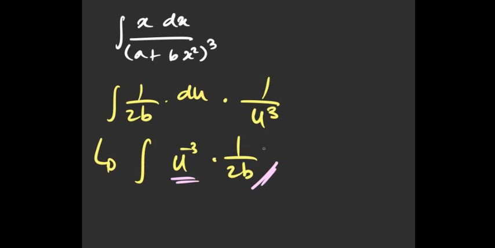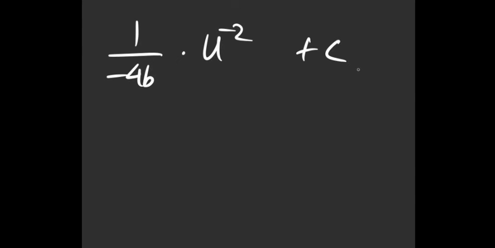And if you integrate that, you will get 1 over negative 4b times u to the power of negative 2 plus c, as a random constant that we put in there.